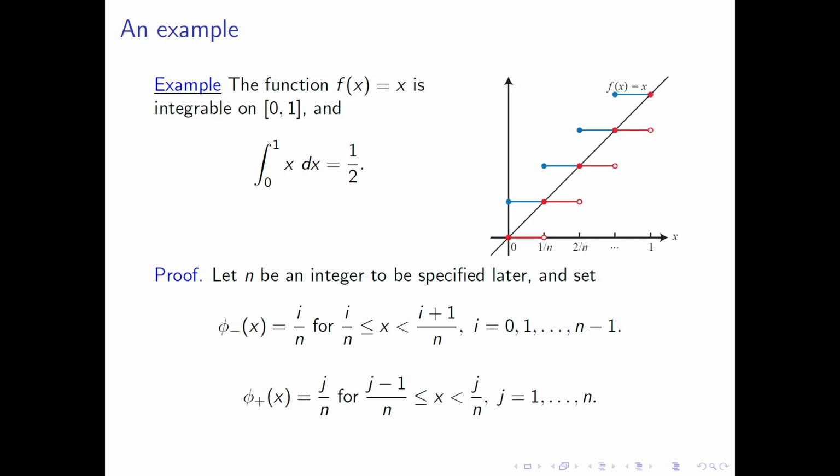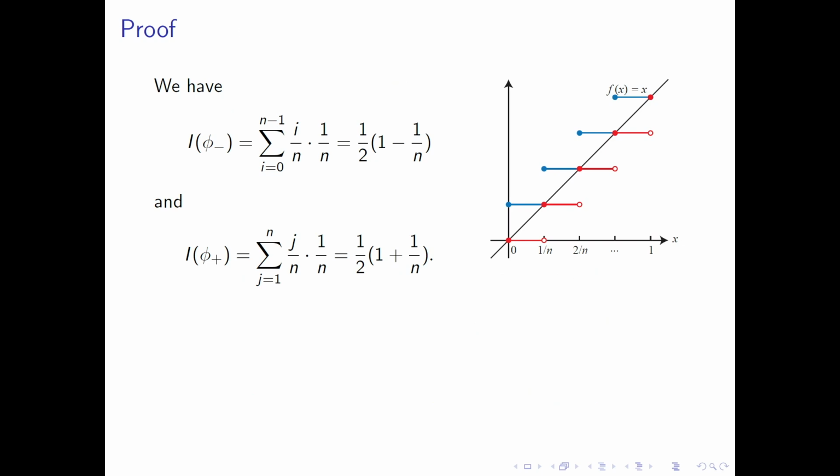So I computed I phi plus and I phi minus, and I phi minus was a half times (1 minus 1/n), and I phi plus is a half times (1 plus 1/n). So the difference of those two things is 1/n. So if someone gave you an epsilon, you just pick n sufficiently large so that 1/n was less than epsilon. The difference in those figures then would be less than epsilon. And so we've shown that this function is integrable.